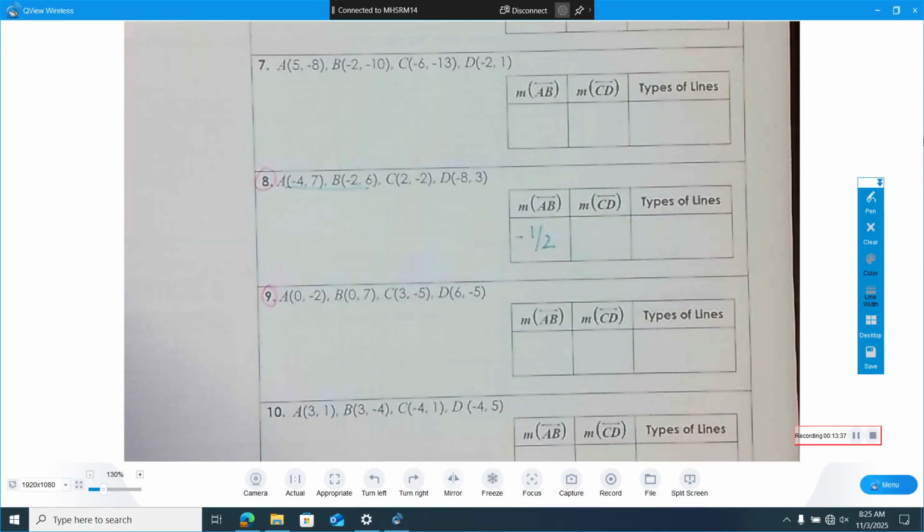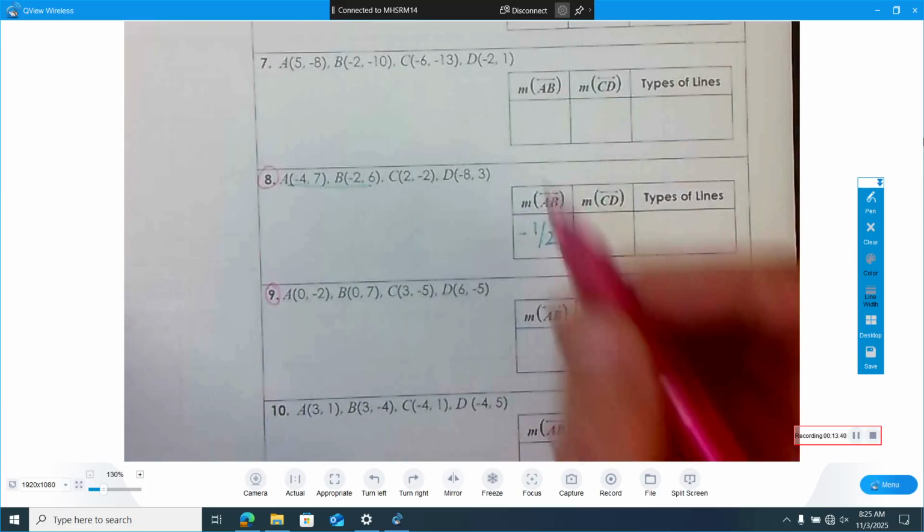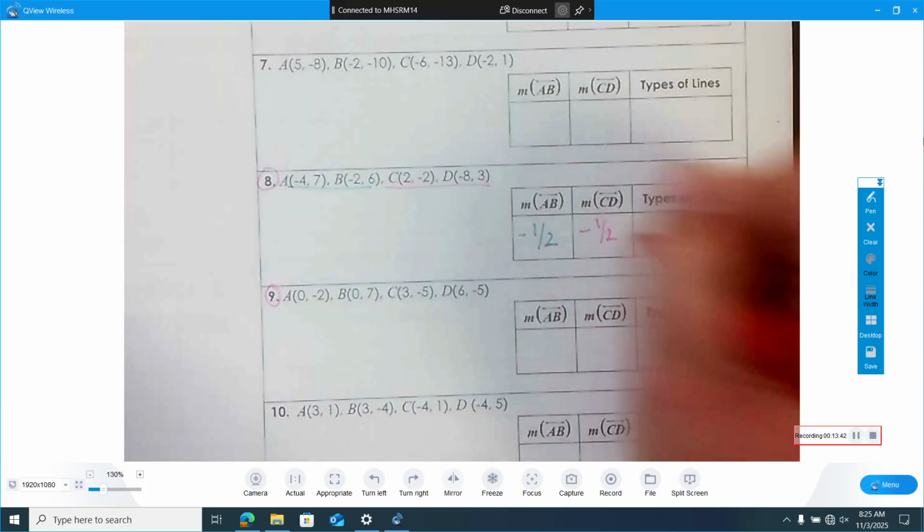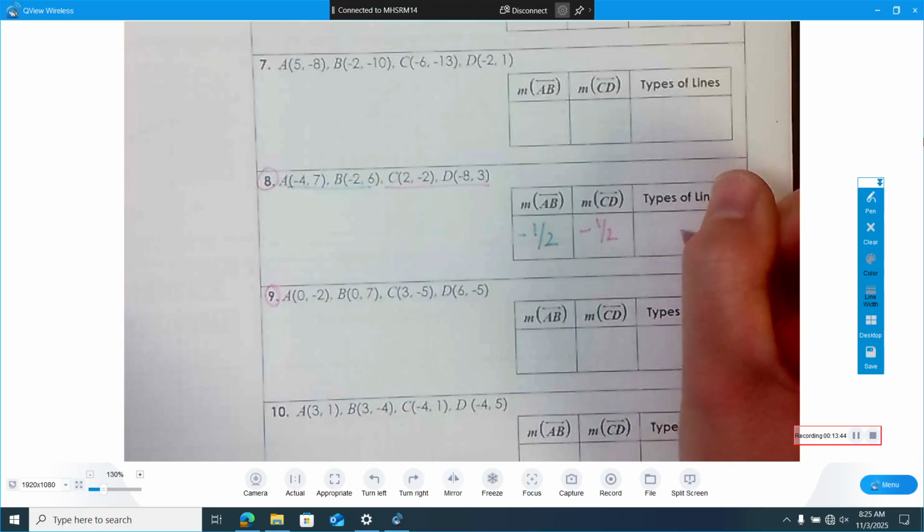Good. CD was also -1/2, which means they are parallel.